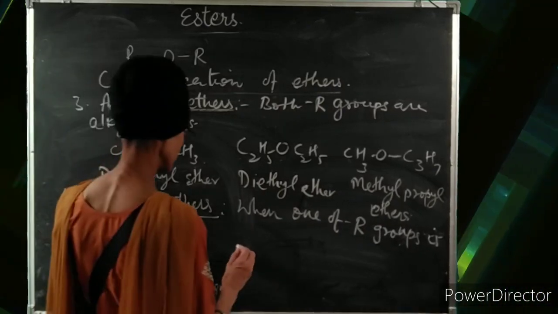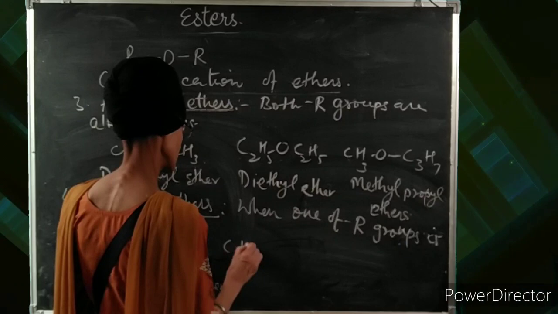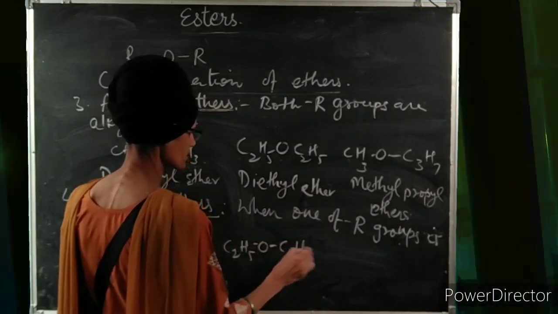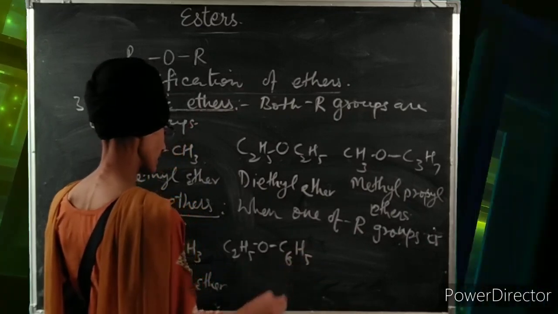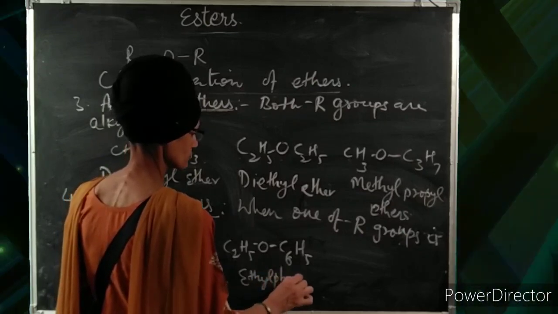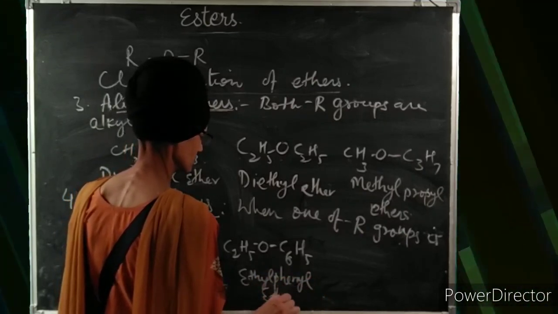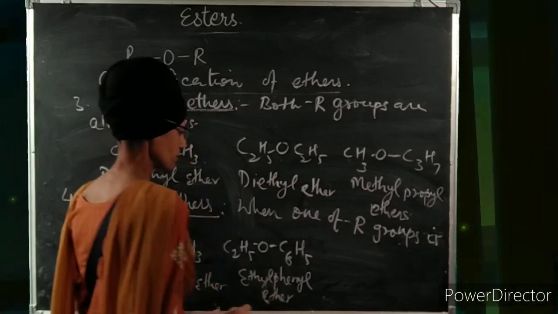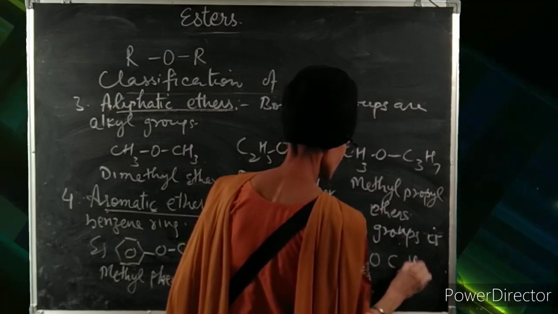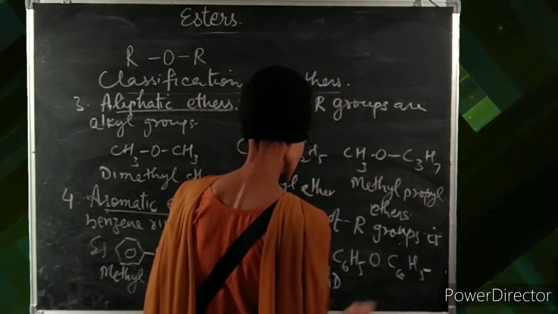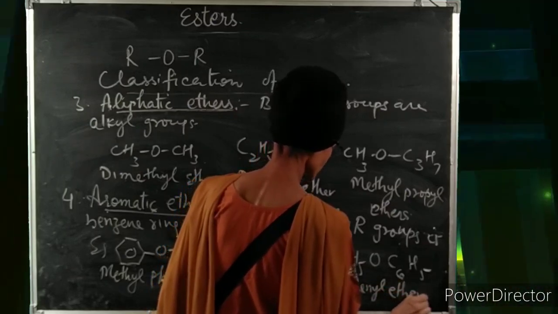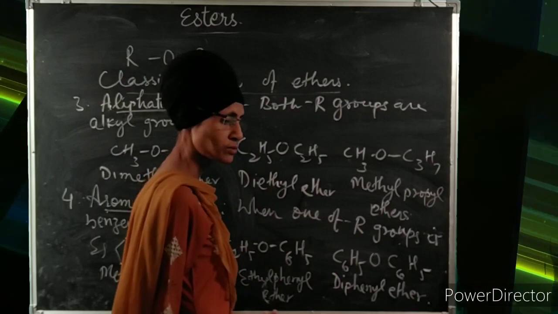Then we can take another example, C6H5, which is the benzene ring, the phenyl group. So another example is ethyl phenyl ether. One more example is diphenyl ether, where both are benzene rings. So all these are examples of aromatic ethers.